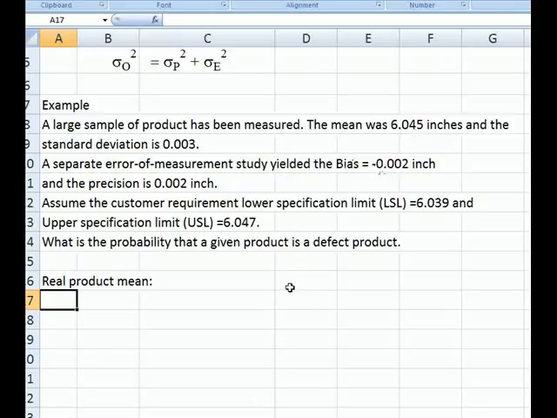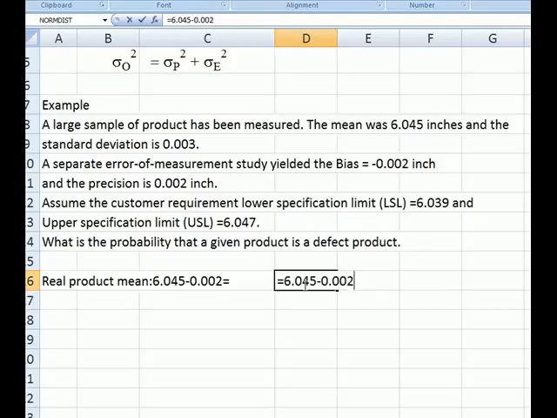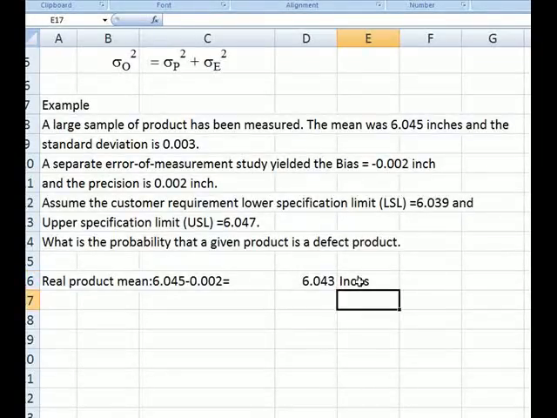So the real production mean is actually 6.045 subtract 0.002, which equals 6.043 inches. So this is the real production mean.